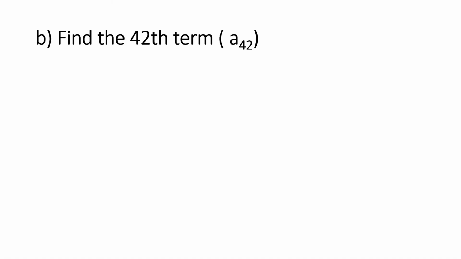Okay, so ngayon, we are ready to determine the 42nd term of our given sequence. So again, we have a value of our a sub 1 is 26. And our difference is 2.